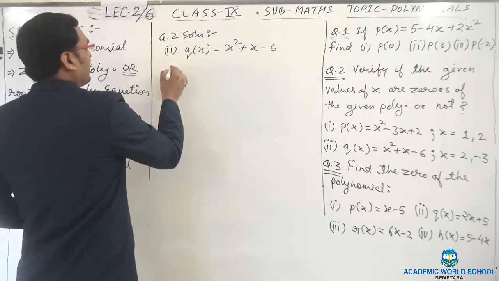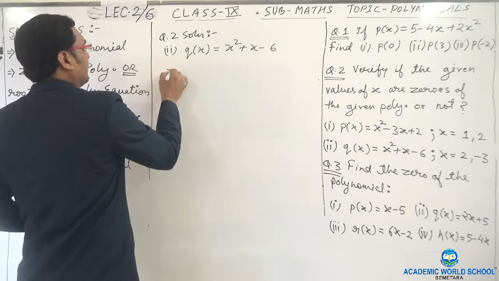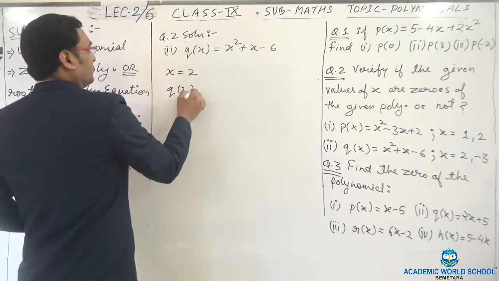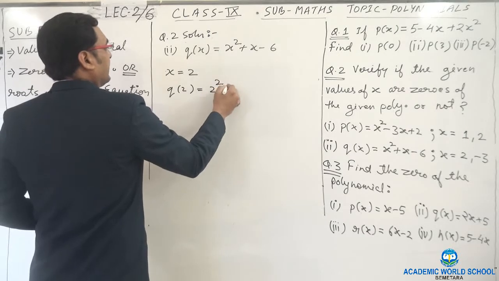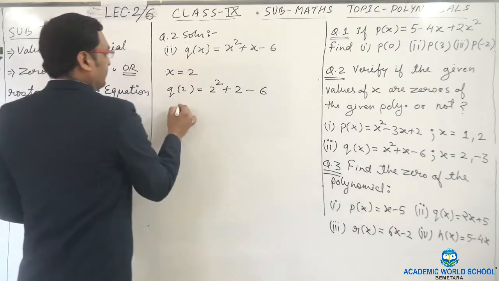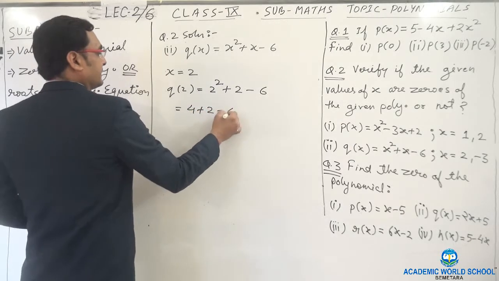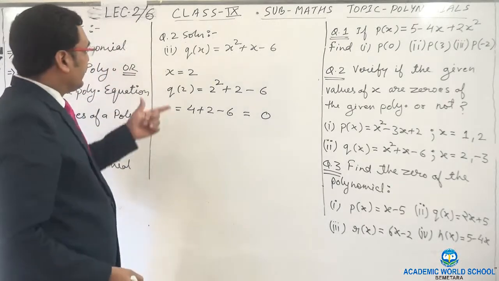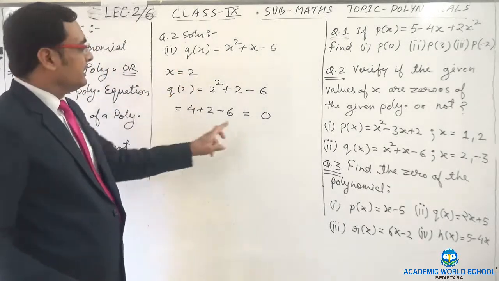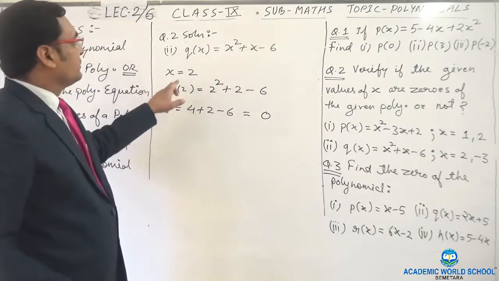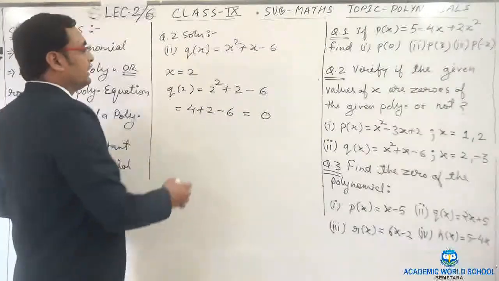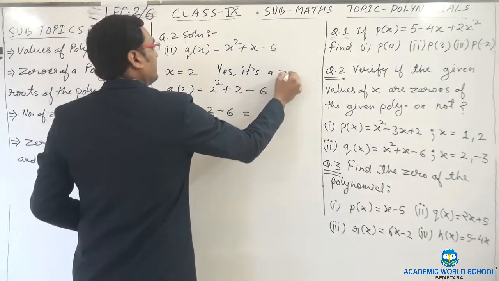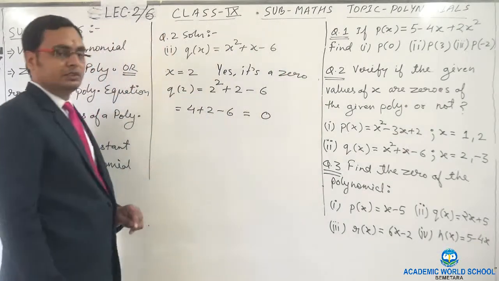Now, if x is equal to 2, that is 6 minus 6 is equal to 0. So at x is equal to 2, the value of this polynomial is equal to 0. So x is equal to 2 is a zero of this polynomial. So we will write yes, it's a zero of this polynomial.